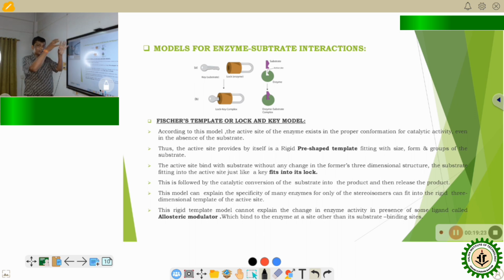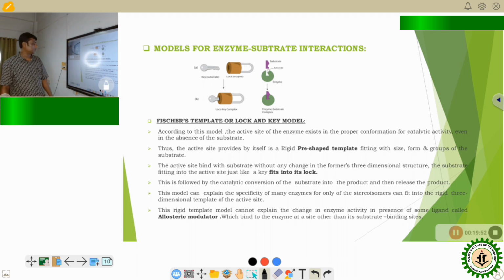So now its configuration does not fit with the enzyme. Either it becomes loose or very tight. In that condition, as it is not fitting inside the specific enzyme, it can be released as a product. So this model can explain the specificity of many enzymes, where only one of the stereoisomers can fit into the rigid three-dimensional template.